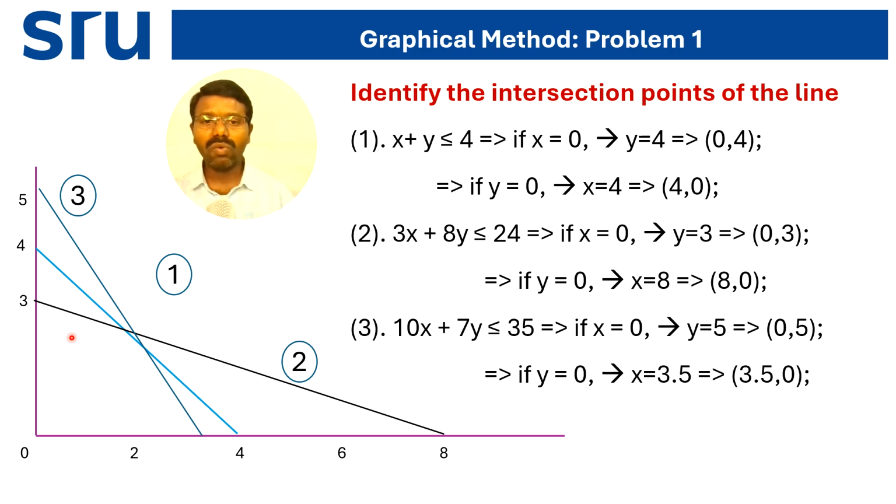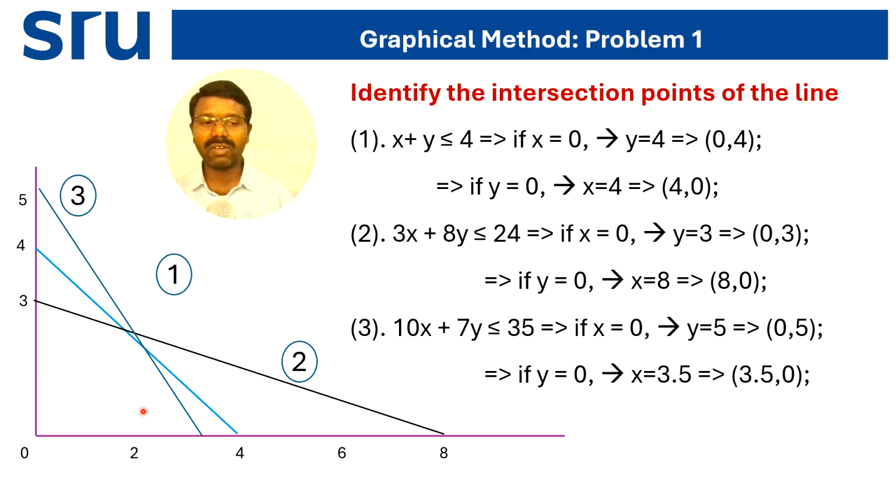Now we need to identify the feasible region. What is the feasible region? The feasible region is the area covered by all the equations. In the constraints itself, it is giving these 3 equations, and also x is greater than 0 and y is also greater than 0.